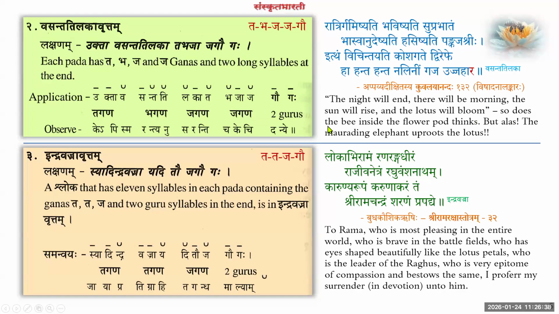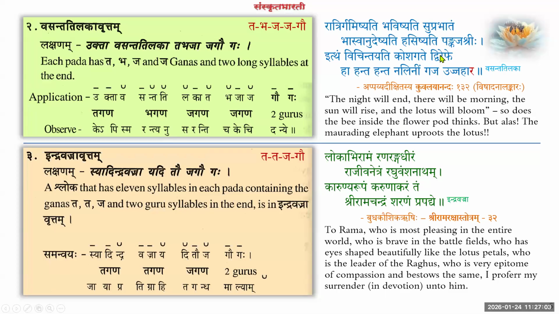Now the bee inside the flower thinks, Itham vichintayati koshagate dvirepe, and this is in Sati Saptami. When the lotus was being brooded upon this way by the bee, dvirepa meaning bee, then ha hanta hanta nalinim gaja ujjahara.